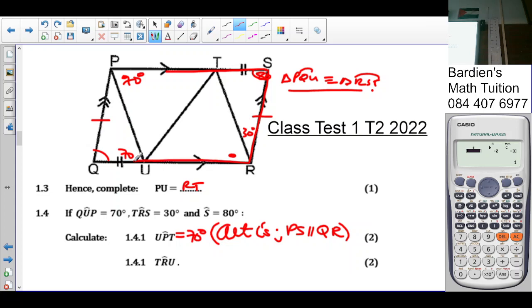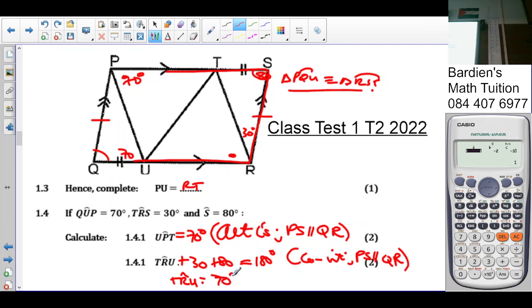So TRU plus 30 degrees plus 80 degrees adds up to 180. Why? Co-interior angles, with PS being parallel to QR. So TRU is equal to 70 degrees.